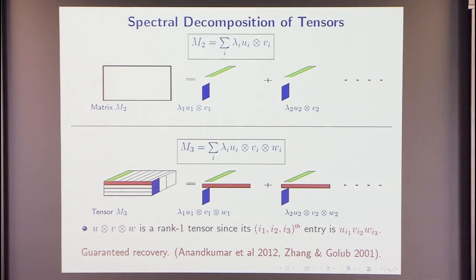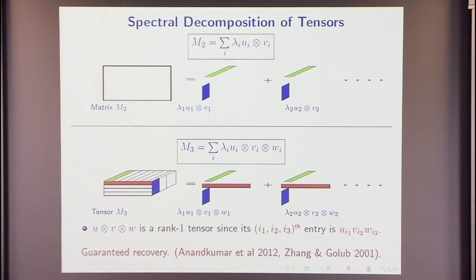Even if the components are non-orthogonal, if they're linearly independent, that suffices to get the correct decomposition. So you see here, going from matrices to tensors, we get more information. In the matrix, you can only recognize the components up to an orthogonal representation. But with tensors, we can also recover non-orthogonal representations.